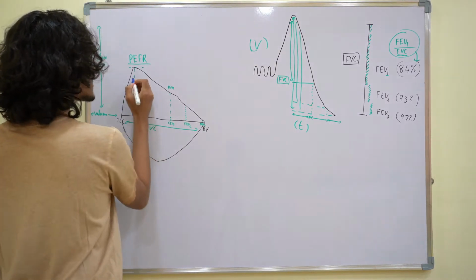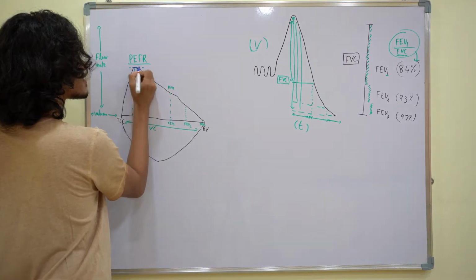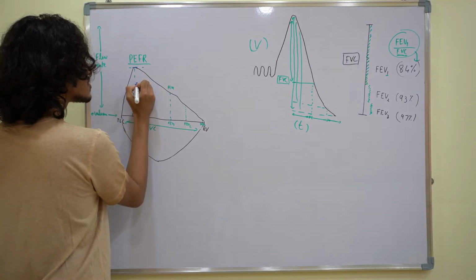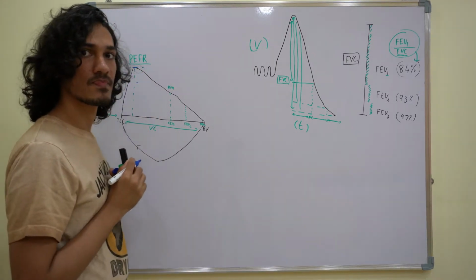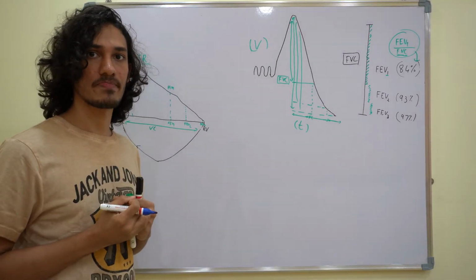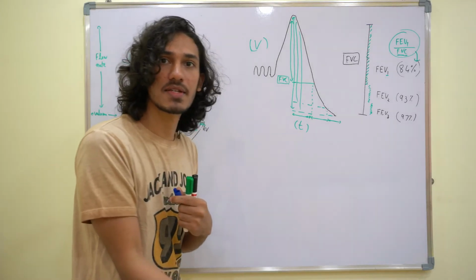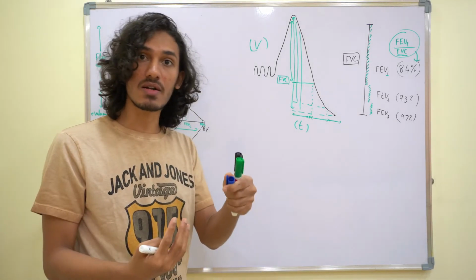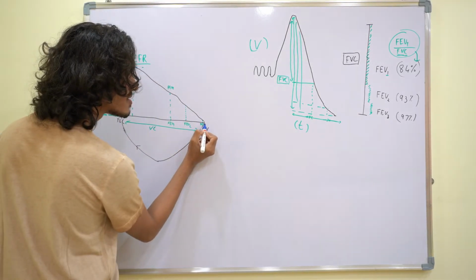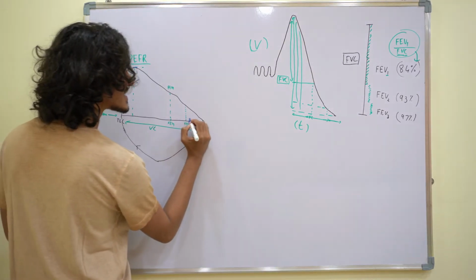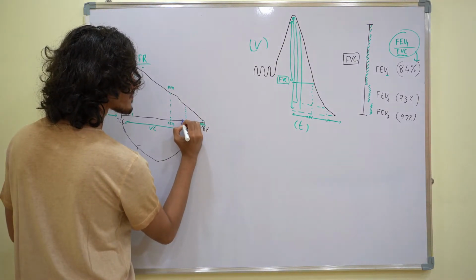Because of the collapse that is present, this peak flow rate is going to drop. That is one thing that will happen. The second thing that is going to happen: you try expiring as much as you can, but because of the collapse, there is more amount remaining than normal.